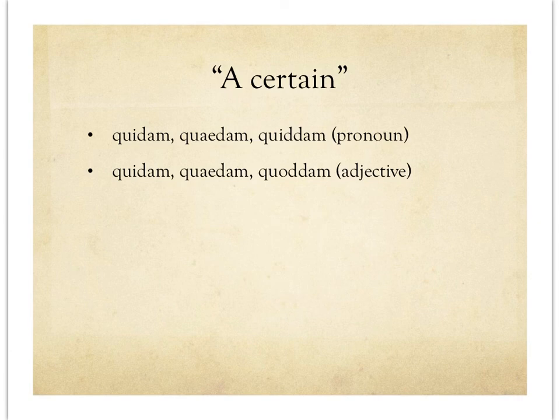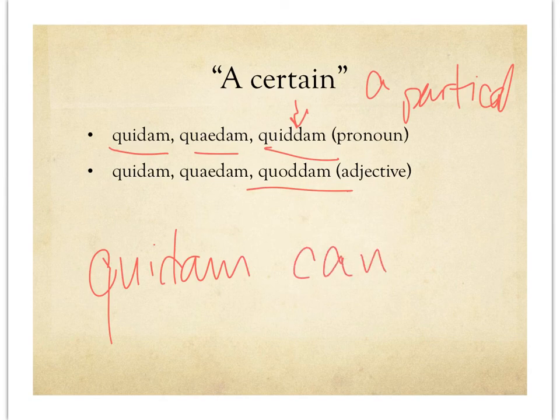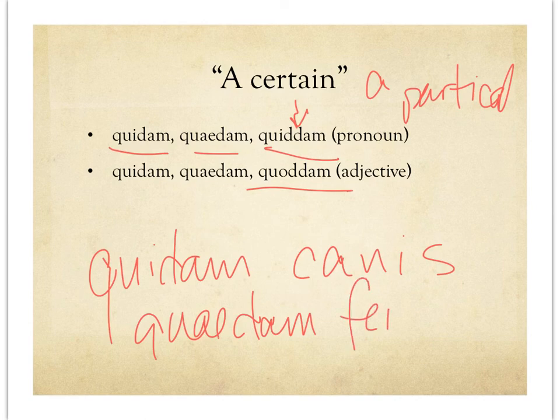Our other pronoun that works this way is one that's called quidam, quaedam, quiddam. You can see the double D in there for quid plus dam, or we have quidam, quaedam, quoddam, which is again our adjective. And this means a certain or a particular. And this is if I want to talk about, oh, well, that particular dog, quidam canis, or a particular woman, quaedam femina.